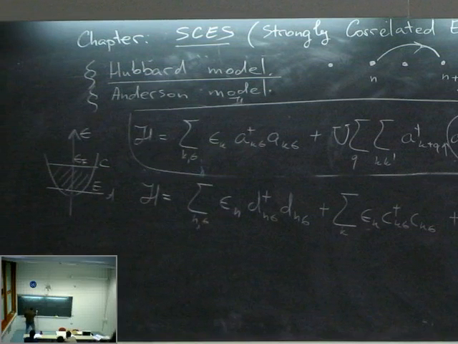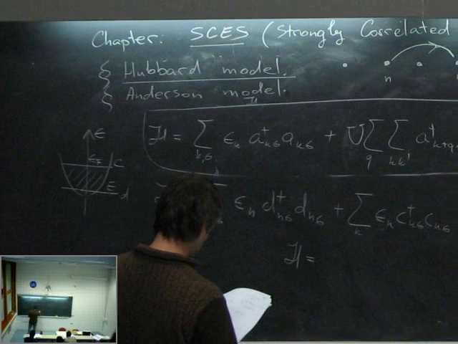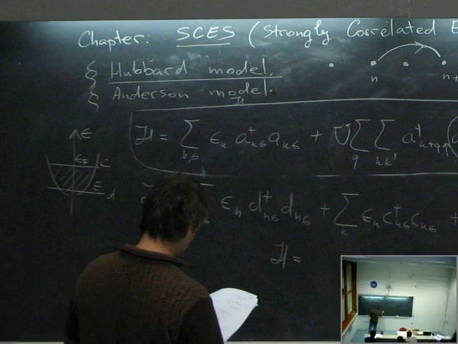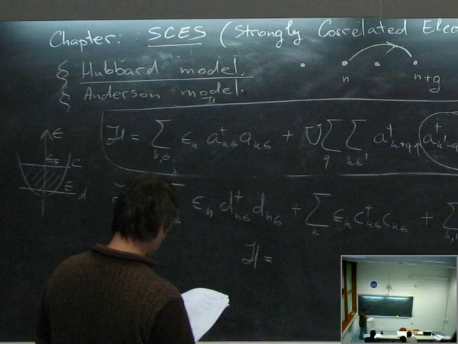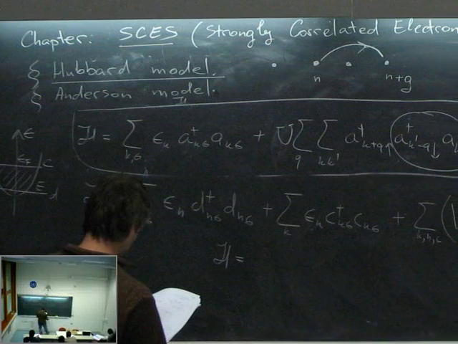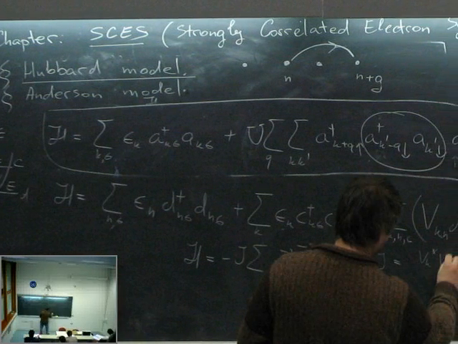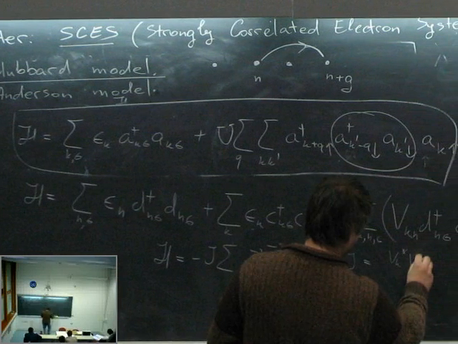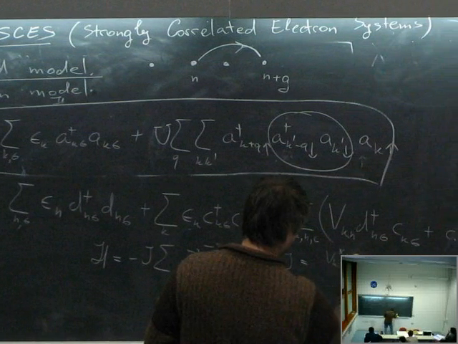Then you arrive at the Hamiltonian, which is nothing but the model where J is equal to Vk prime over half, 1 over epsilon k minus epsilon d.